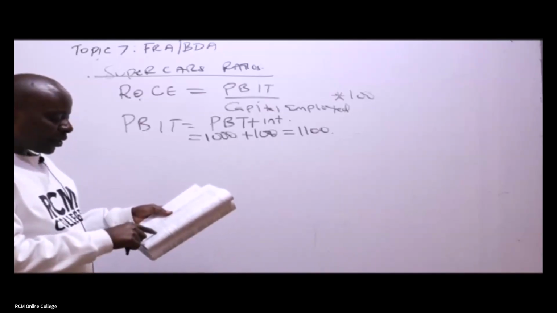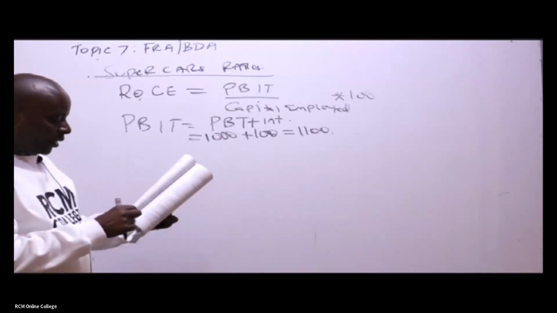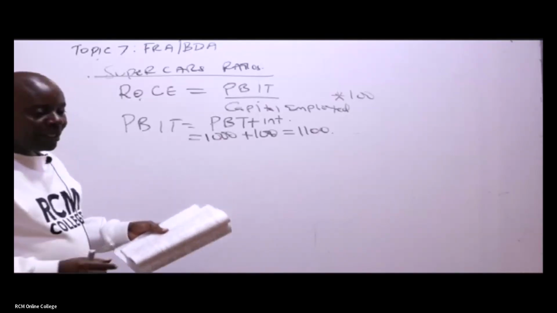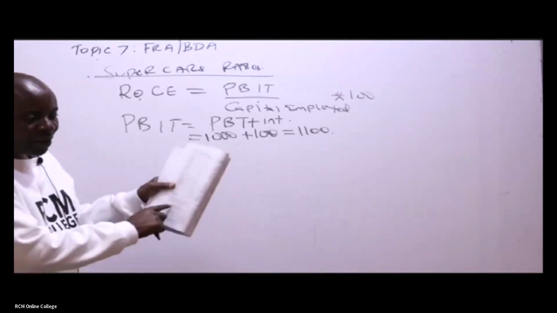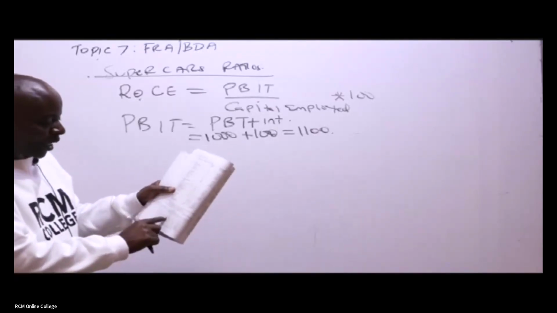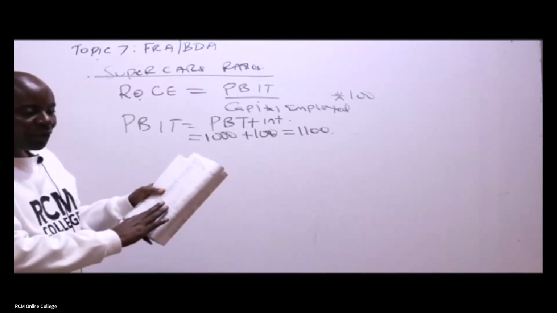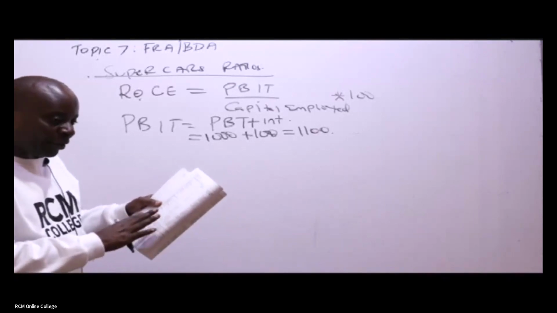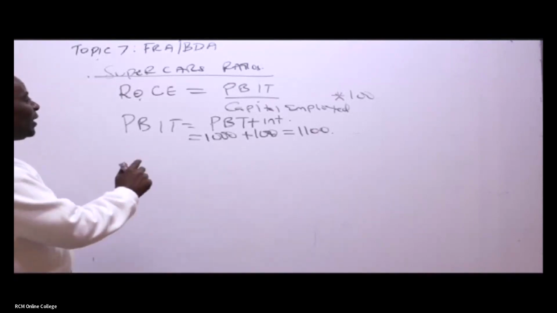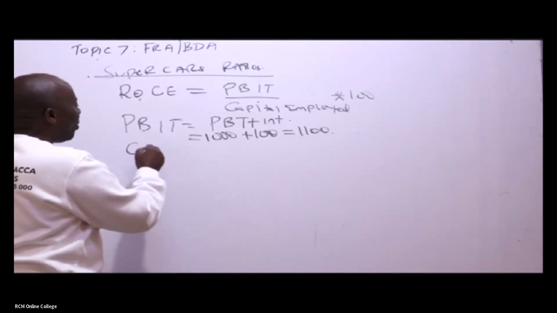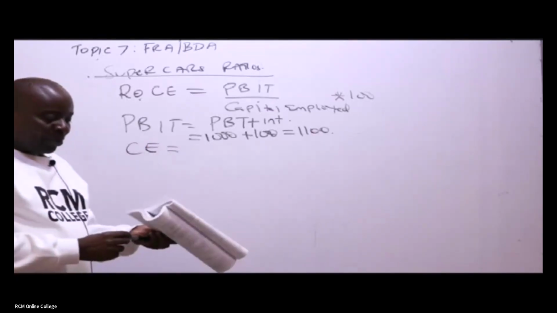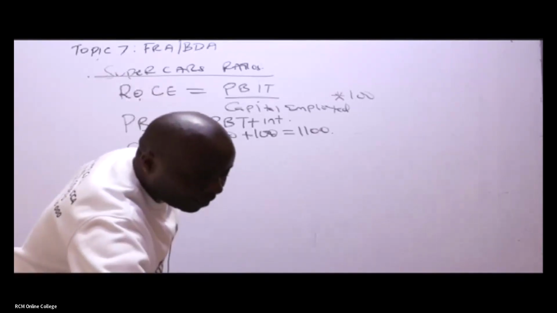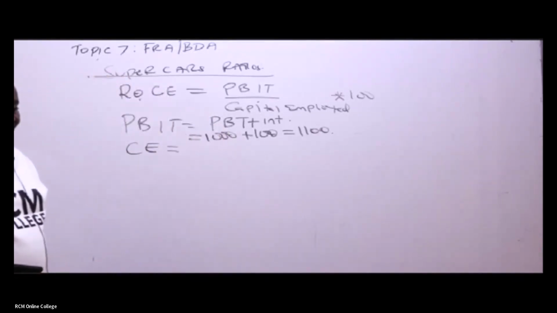Supercars Limited engaged an analyst who extracted the following summary of the industry ratios. Are you able to see the industry ratios given there? The first one is ROCE. Now they want ROCE, so that is PBIT. How about capital employed? Let me see whether you'll be able to get the capital employed.